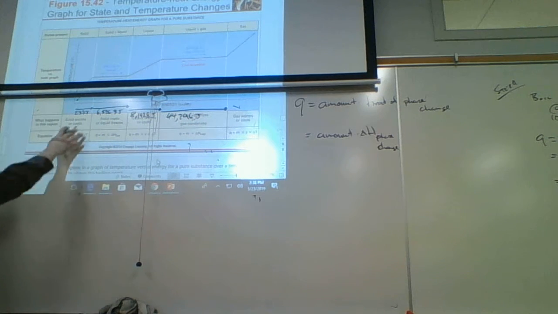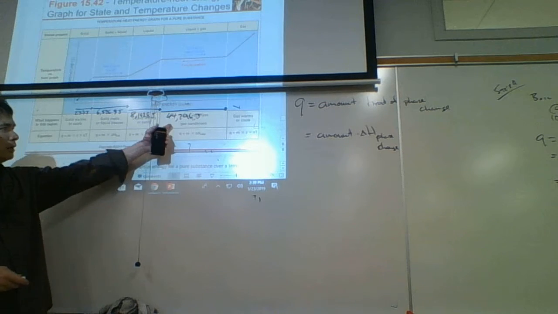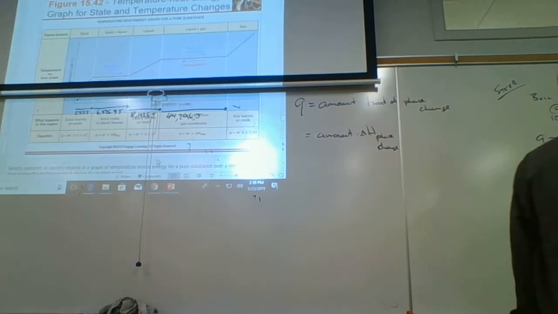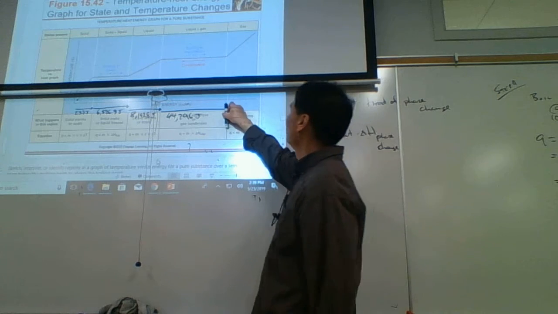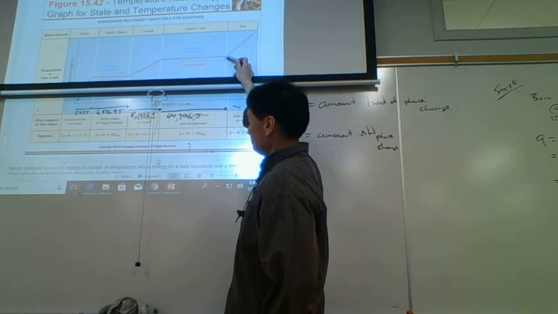That takes a lot more energy than any of these, because what we got to do here is completely separate all the water molecules. That is, completely break all the IMFs holding them together. And so this is going to cost us energy. But once we're at the end of this, we've boiled all the water. So 100% of the water has been boiled by the time we hit here.